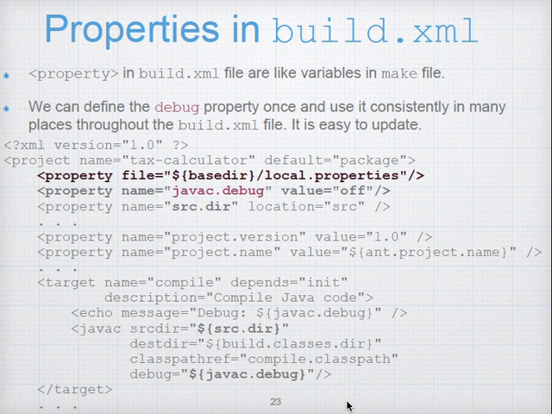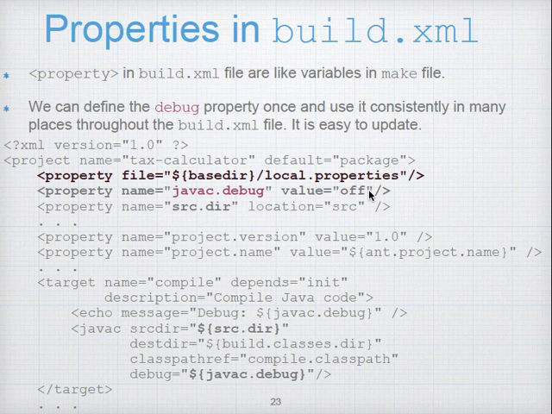Same for the debug mode. Maybe I have many files that I need to compile, and so at some stage, I will turn the debug option on, and later on I change it to off.